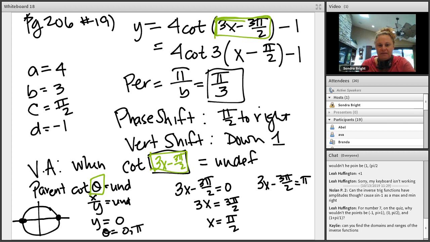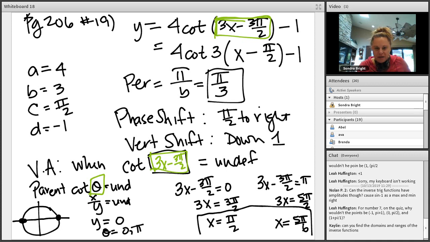And then 2 pi over 2 plus 3 pi over 2 would be 5 pi over 2, and dividing both sides by 3 will give you 5 pi over 6. Those will be two of the vertical asymptotes. There's more than just those, but those would be the ones that I would give. I always just go for the first revolution around the circle. All right, that was 206, 19.